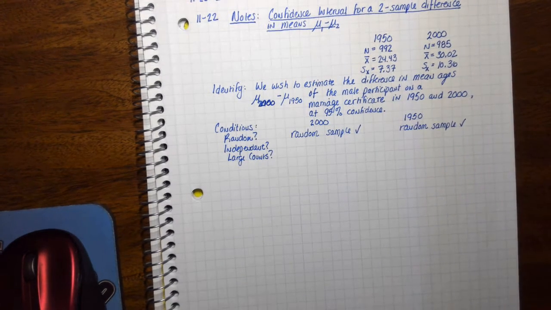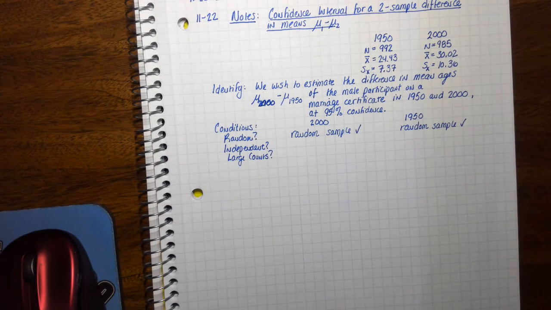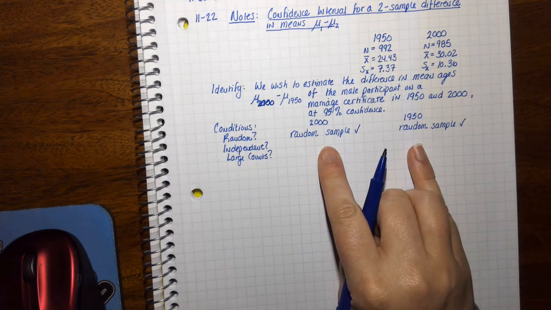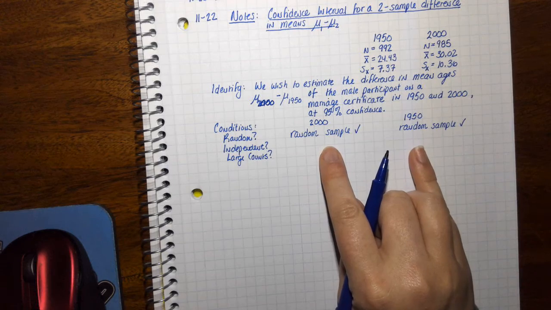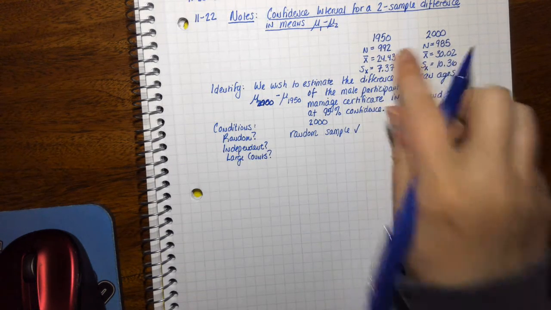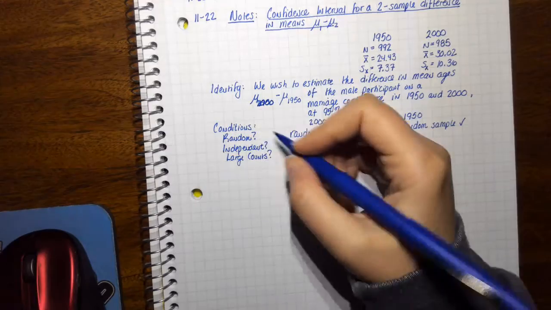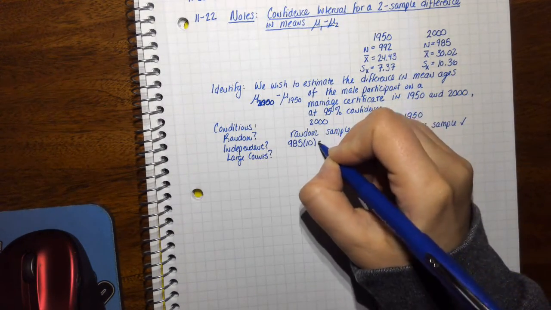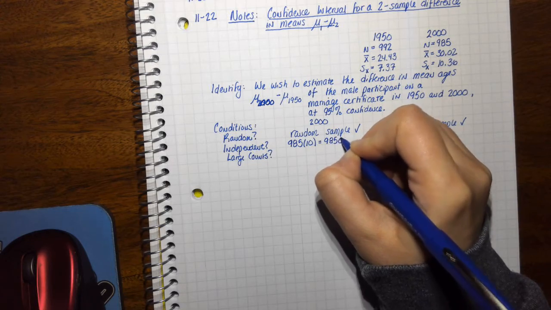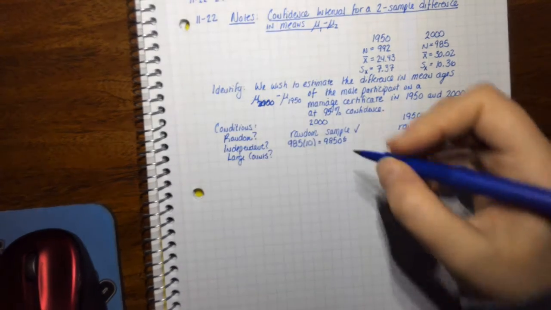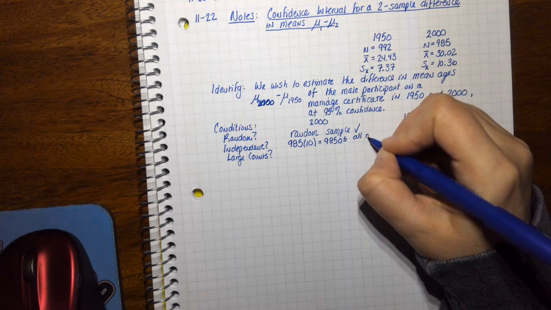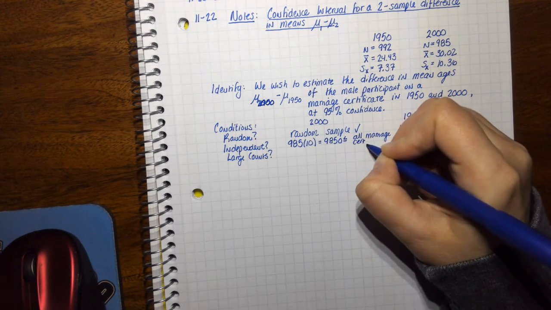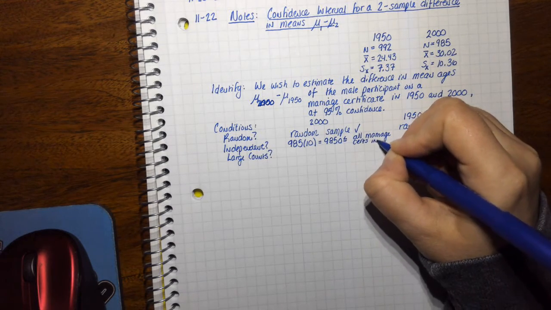What does that mean? That means I have an observational study, which means that I have a sample size that I'm going to use for my independence condition times 10. So I have in 2000, 985 times 10 equals 9,850, less than or equal to all marriage certificates in 2000.